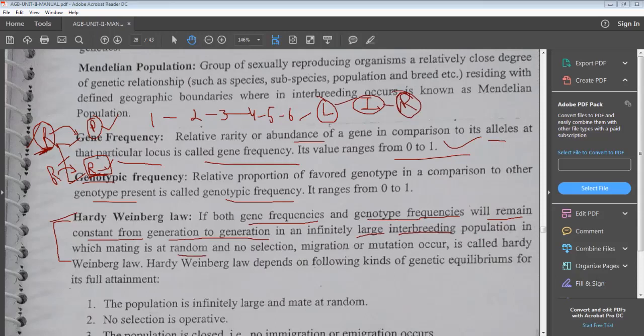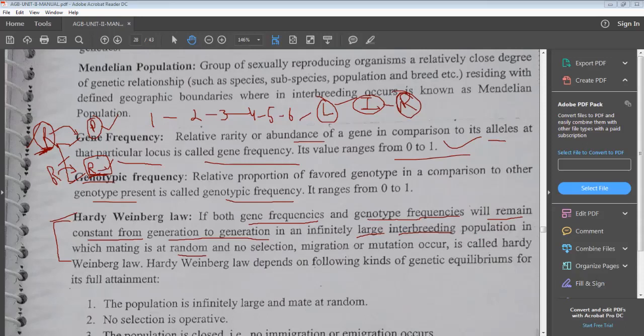Again, gene and genotypic frequencies remain constant from generation to generation in a large interbreeding population which shows random mating.